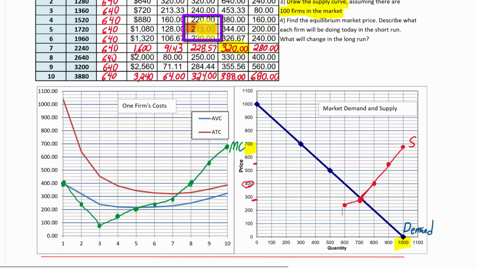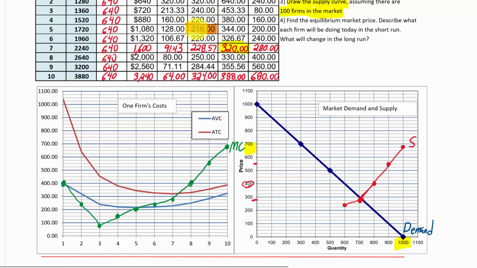Because of this shutdown price here. So the lowest price we can put on a market supply curve is the shutdown price. It just doesn't make sense to say that at any price below 216, anyone would produce anything. So instead of our last point, this is the lowest point we're going to put on the supply curve, instead of the last point being $200 and 5 units, we stop at the shutdown price.